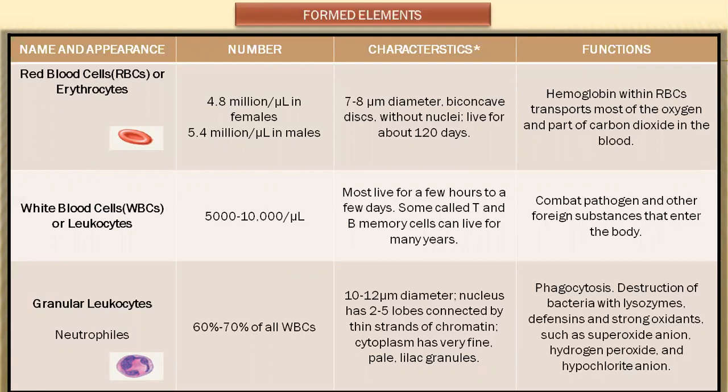Regarding characteristics, most live for a few hours to a few days, depending on the type of white blood cell. For instance, you have lymphocytes like B and T lymphocytes, being memory cells that can live for many years.